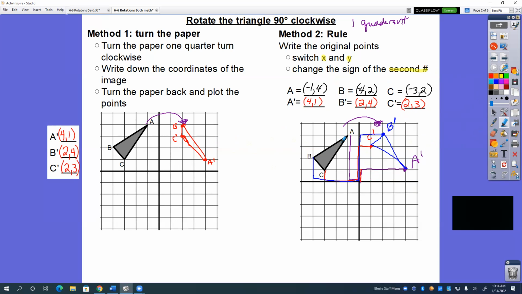All right. Oh, I made a mistake on the original one. This should be -3, positive 1.